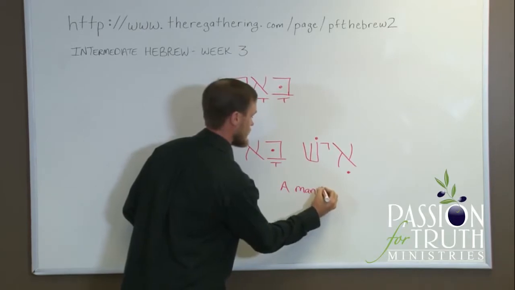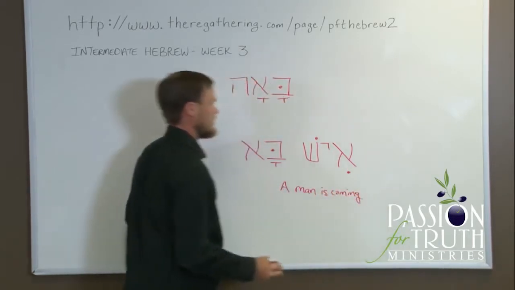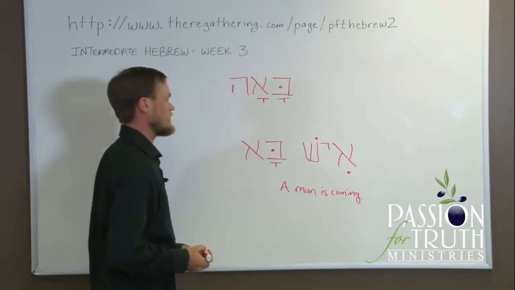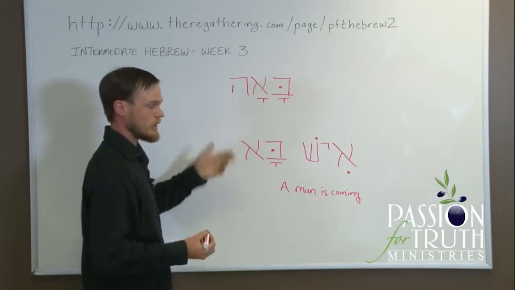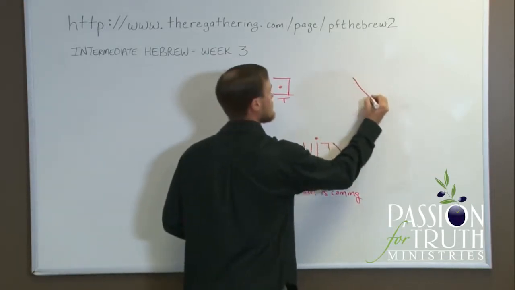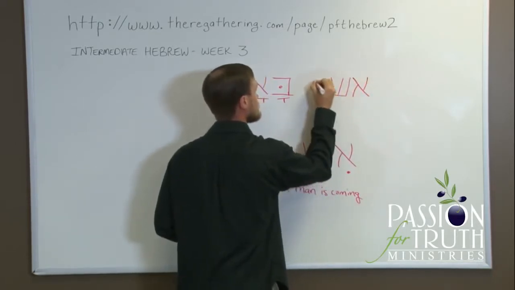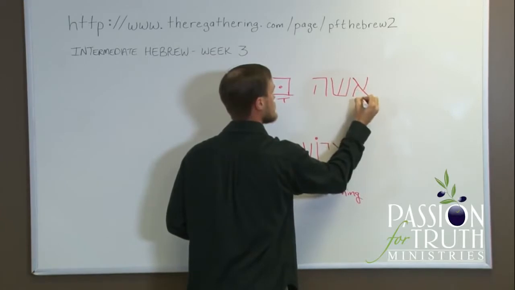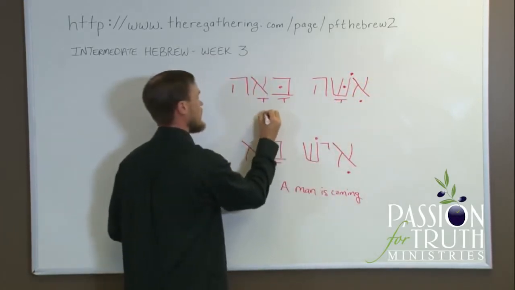That would mean a man is coming. And if we were to say isha, we would have to use ba'a, because isha is a feminine noun. So to say a woman is coming, isha ba'a.